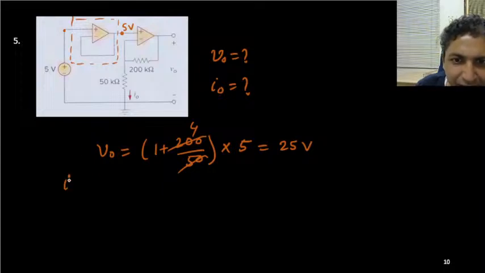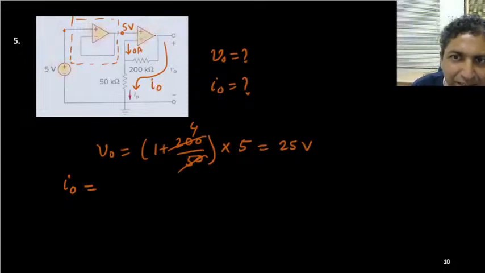I0 is again simple. You can see that there is no current flow here, it's 0 ampere. So whatever current is coming from here has to go through this path. So this current is I0.